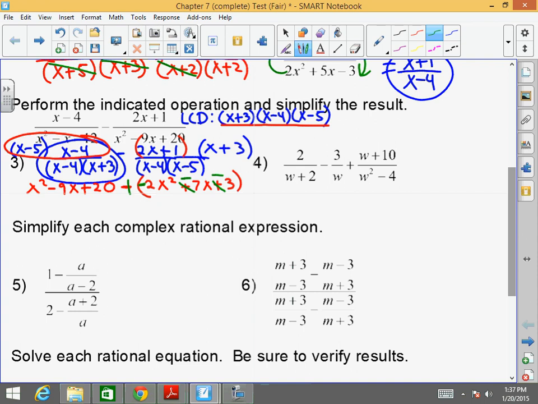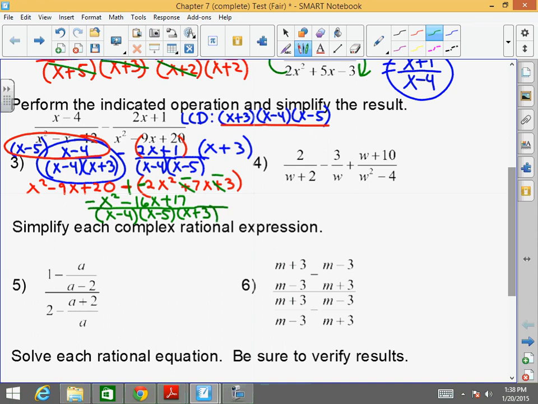So let's combine like terms. So this becomes negative x squared minus 16x plus 17, all of that over x minus 4 times x minus 5 times x plus 3.